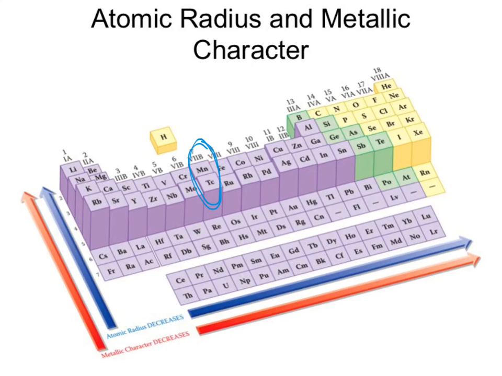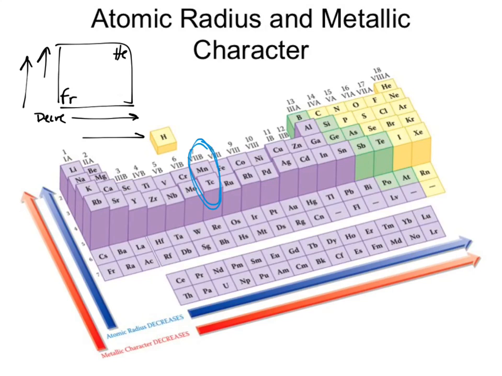So what you could do to help remember these is set up something along these lines, as the arrows have in this. When you take a look at your exam, you could draw a crude periodic table. Say, here's my periodic table. You could remember maybe francium and helium, and add some arrows and put in your decrease and your arrows.